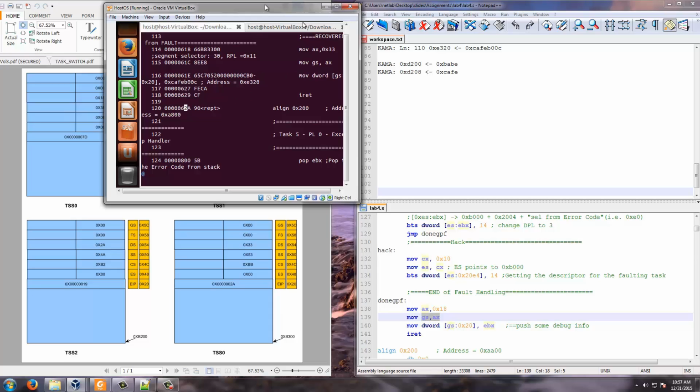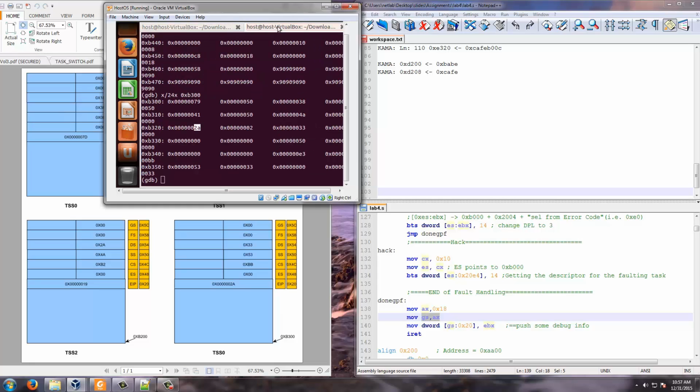Your TSS3 was ending at here, and your starting address was A600 and the offset was 2A. So 29 it ended, so 2A is what is logged there. So this is basically to tell you how the TSS gets updated.